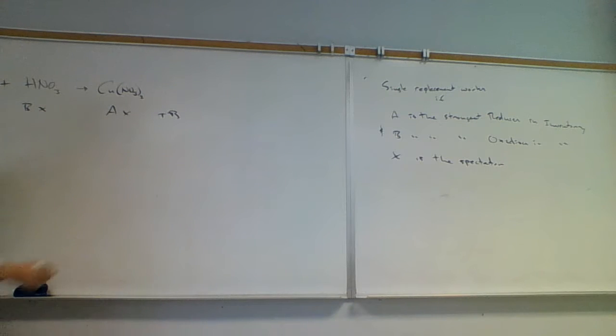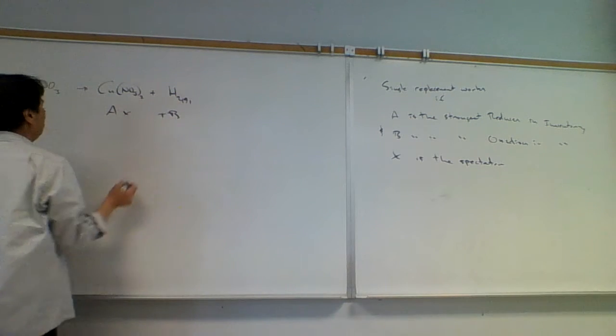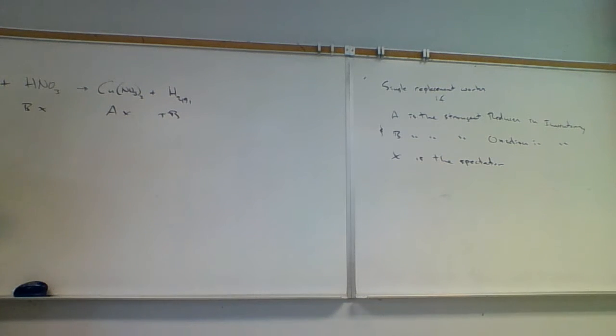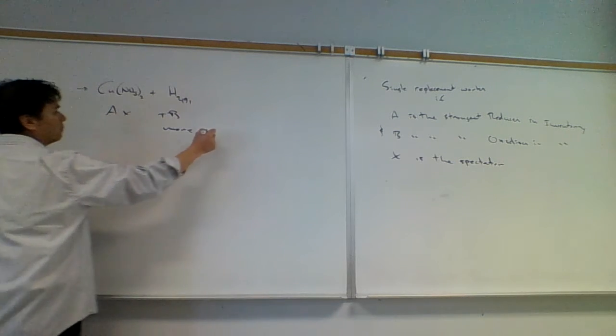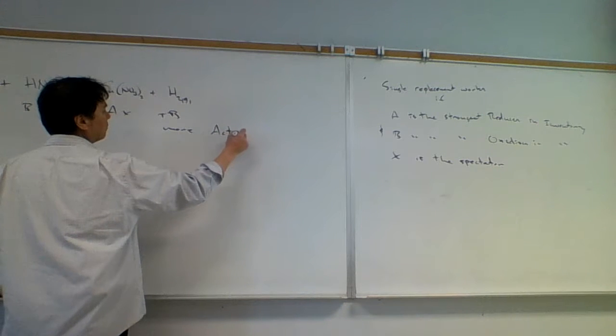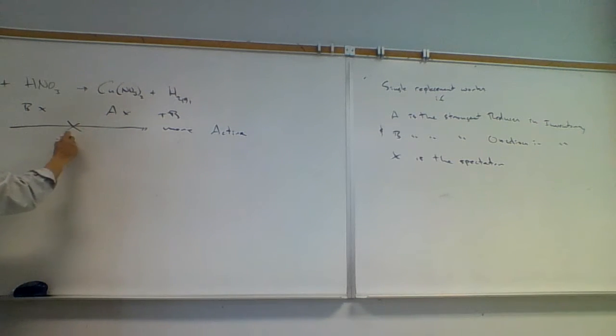And B is going to be H2. Okay, again, this is going to be no reaction because this is less active and this is more active. And so we're going from less to more active, which means NR.